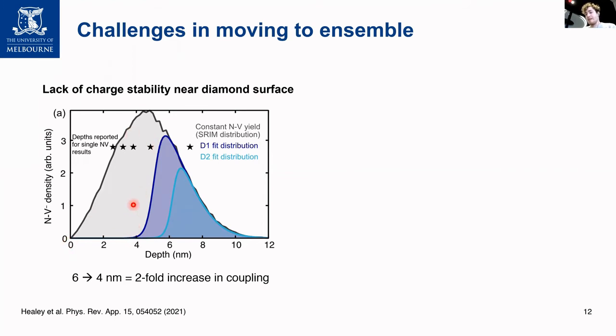And so immediately that's like a 50% reduction in coupling, and even more so if I compare to NVs shallower than that. And in these stars, I just put the reported depths for some of those single NV results, which you see are mostly in this much shallower regime. So we're going to exist in a weaker coupling regime compared to previous results.